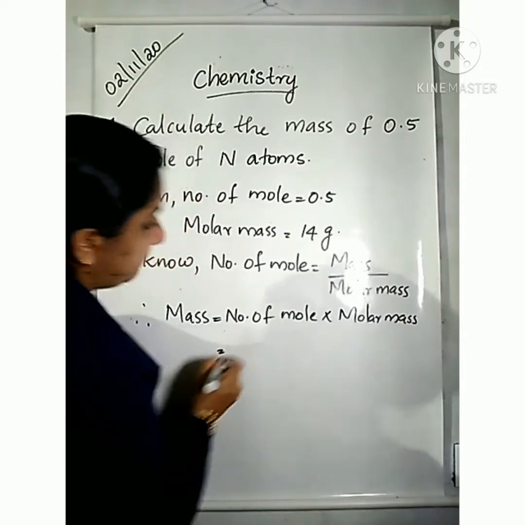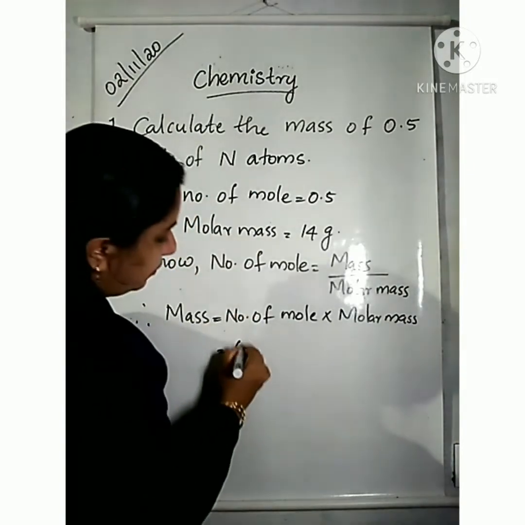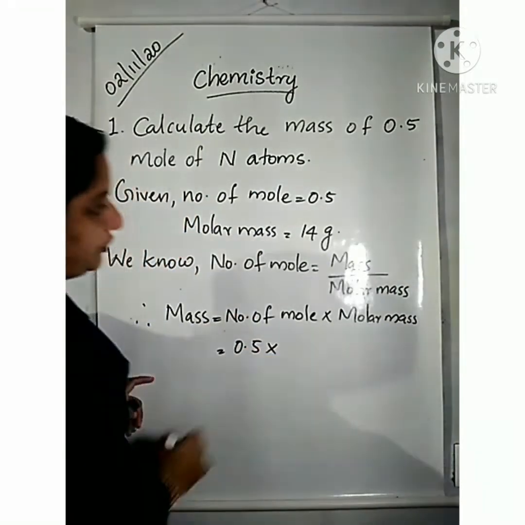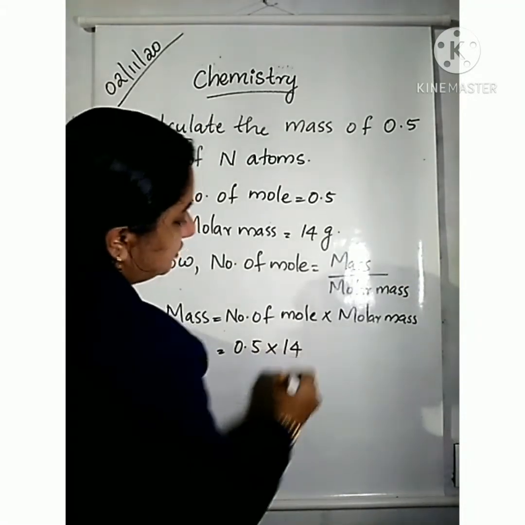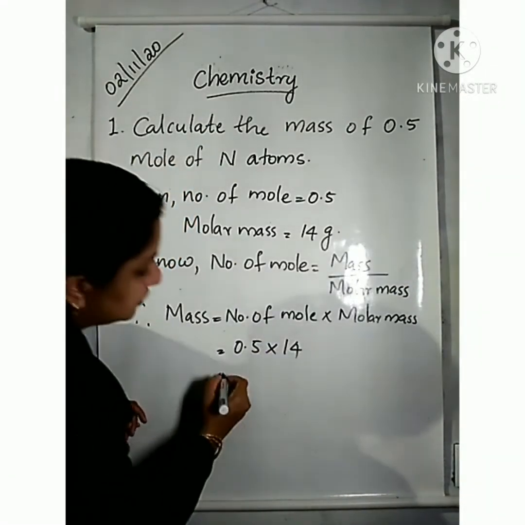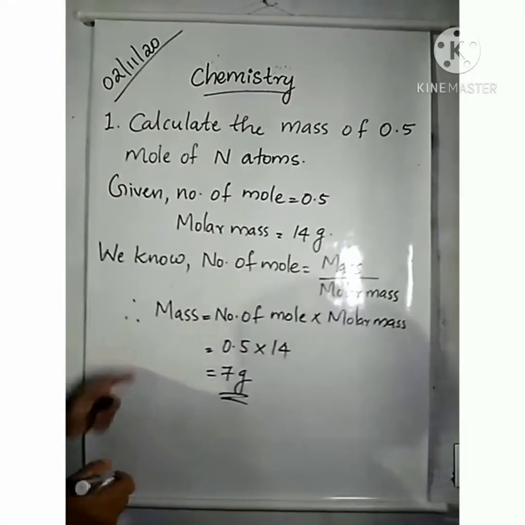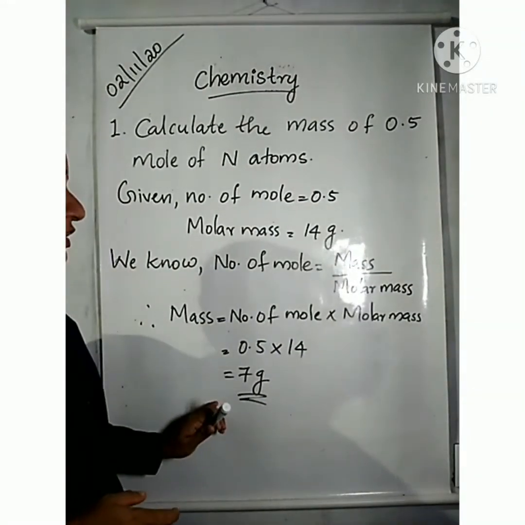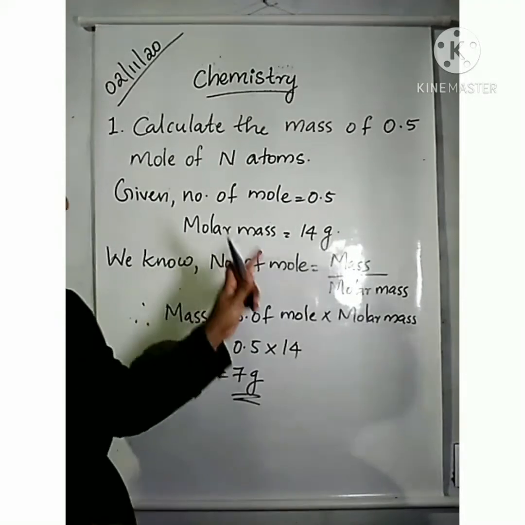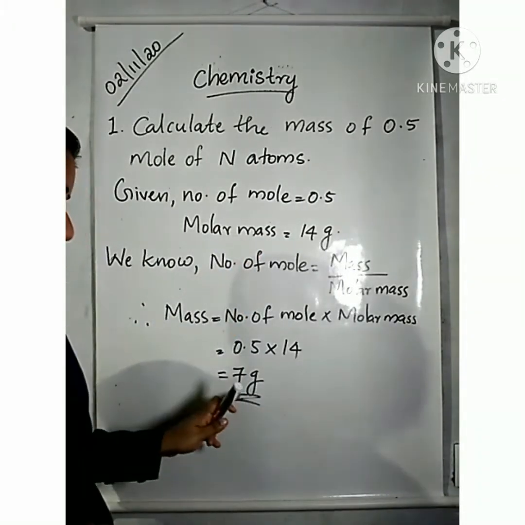So it will be number of mole, that is 0.5, into molar mass, that will be 14. So the answer is 7 gram. That is, the mass of half mole of nitrogen atom is 7 gram.